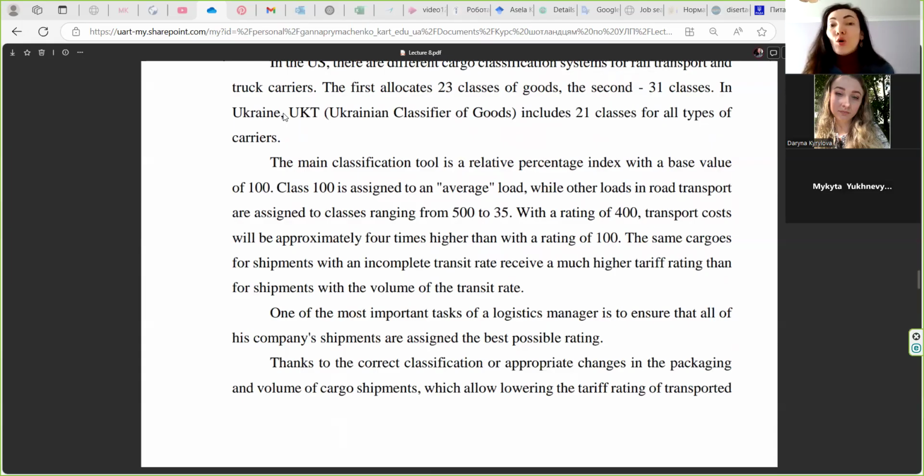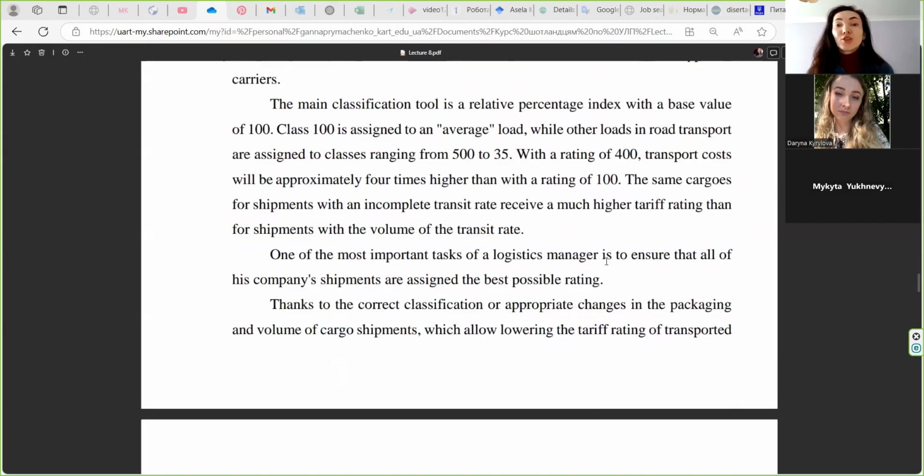With a rating of 400, for example, transport costs will be approximately 4 times higher than with a rating of 100. The same cargoes shipped with an incomplete transit rate receive a much higher tariff rating than a shipment with the full volume of the transit rate.